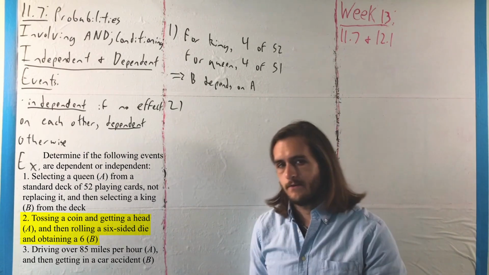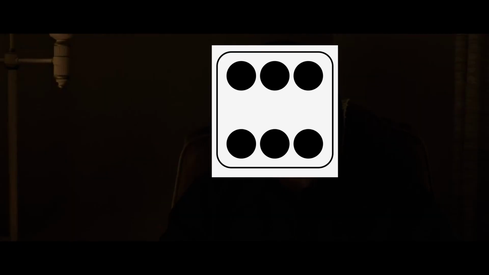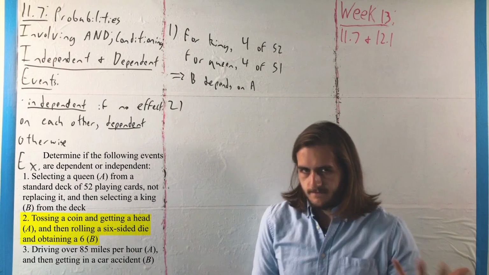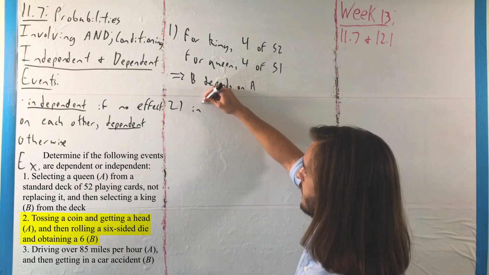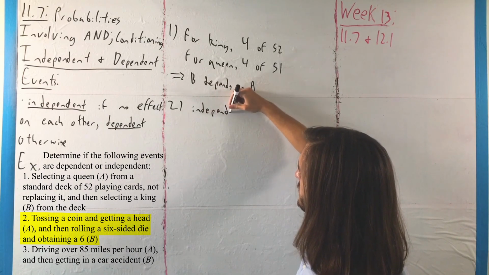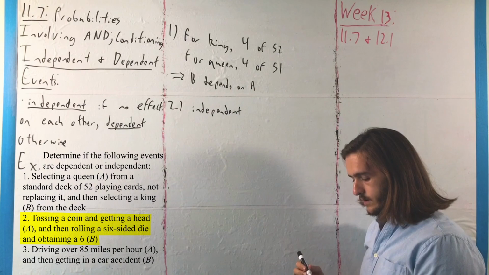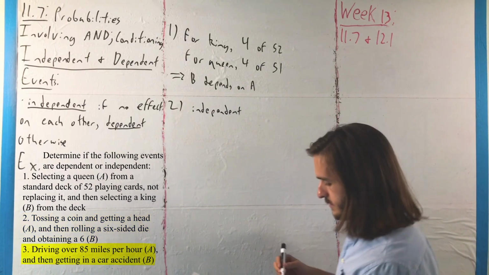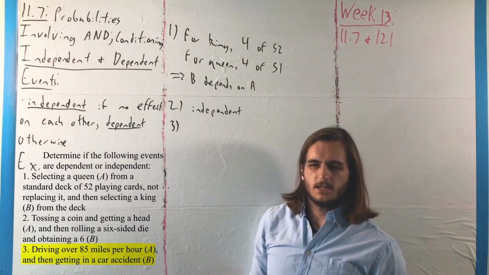There's a 1 to 5 set of odds there for the die. I got here the same way the coin did. And the coin is the coin, just like we said. So these events are independent.